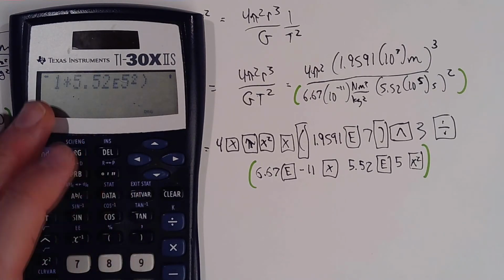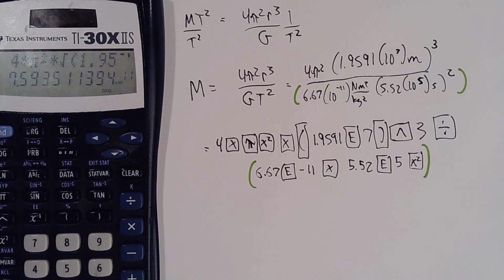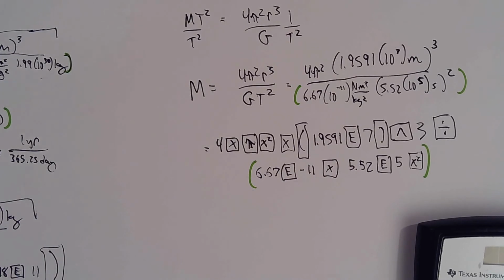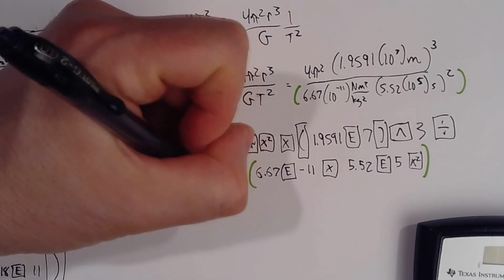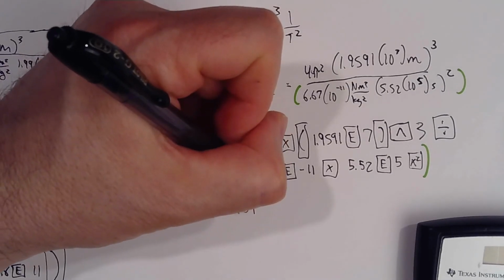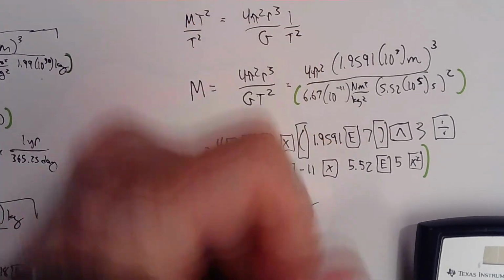No. All right. So we get the mass of Pluto to be 7.59 10 to the 11th kilograms.